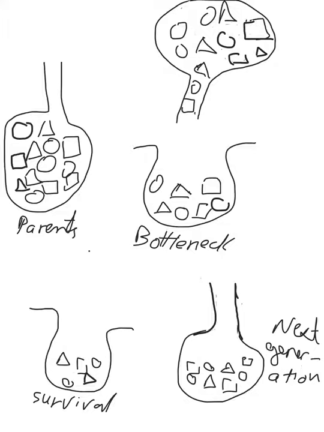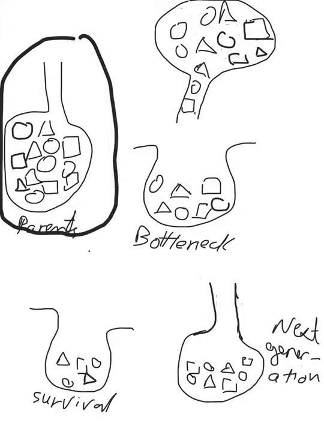So here's an example of population bottleneck. As you can see here, a jar consisting of three different shapes, a square, triangle, and circle, represents the parent population.